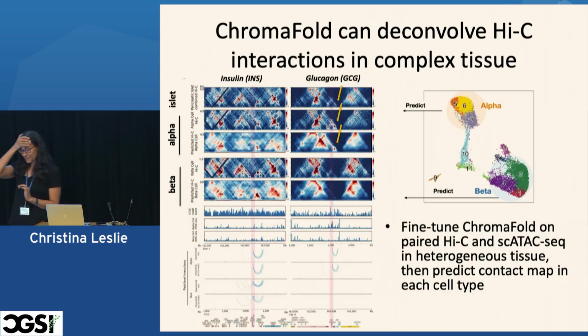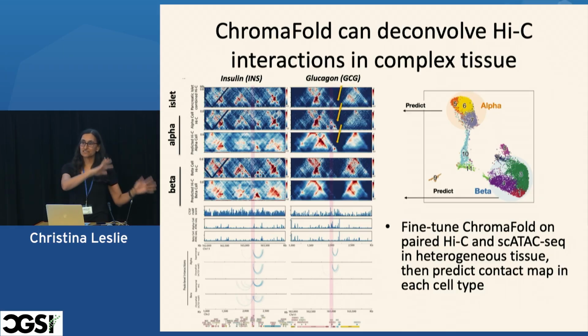Suppose you have a complex tissue like pancreatic islets that have different major cell types, and you have bulk Hi-C that's representing sort of the population-level interactions, but you want to know which interactions come from which cell types.